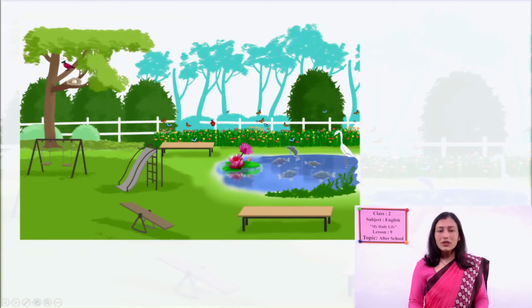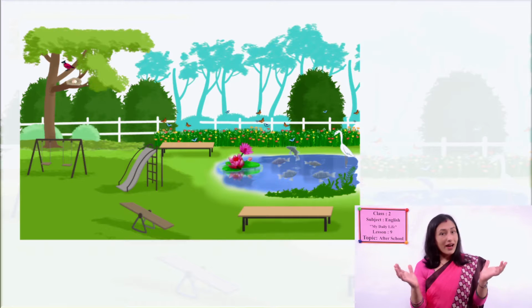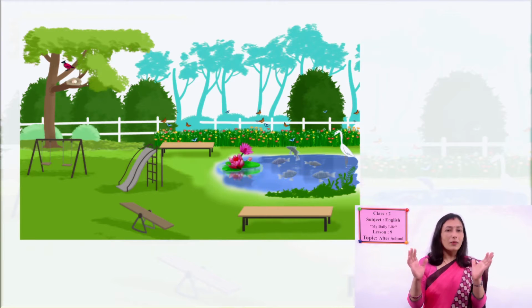Okay. And what do you see here? This one in white color. What is it called? No idea? Okay, all right. So we are going to talk about the things that are in the picture, that are in our garden or playground.